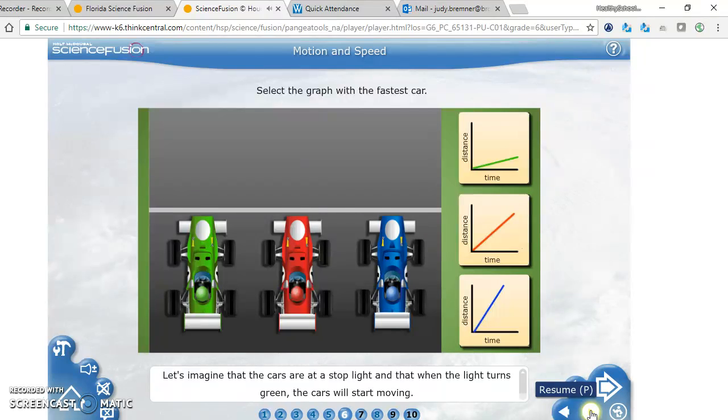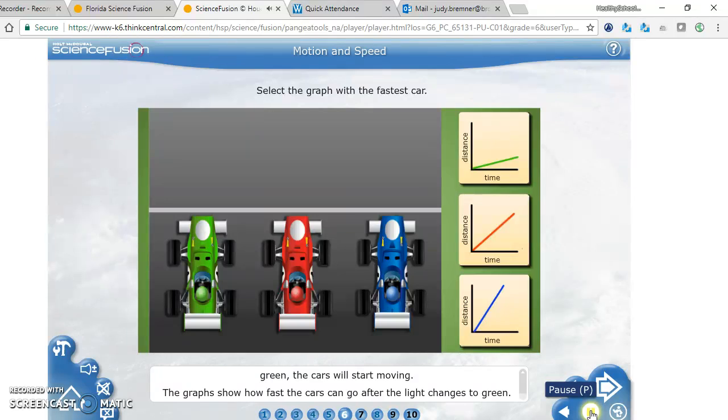Let's imagine that the cars are at a stoplight, and then when the light turns green, cars will start moving. The graphs show how fast the cars can go after the light changes to green.